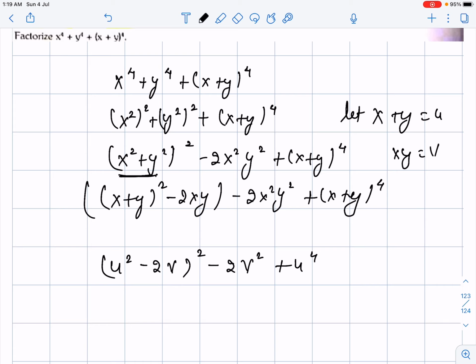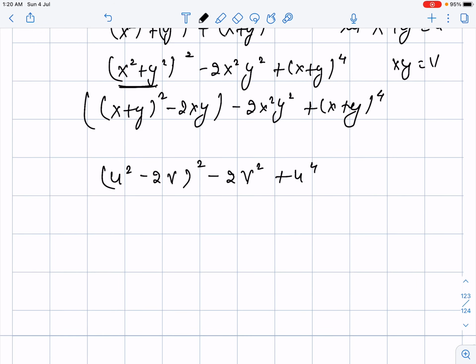Now proceeding further, let's see if we can apply any identity in this. We'll write it like u to the power 4 minus 4u square v plus 4v square minus 2v square plus u power 4.